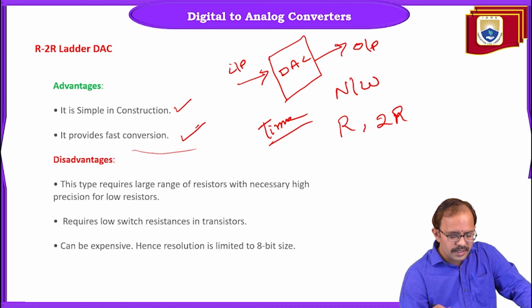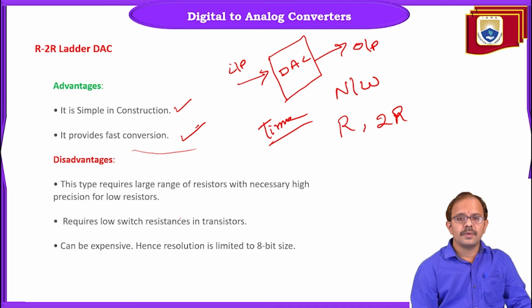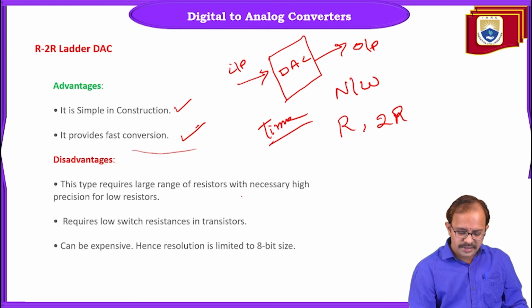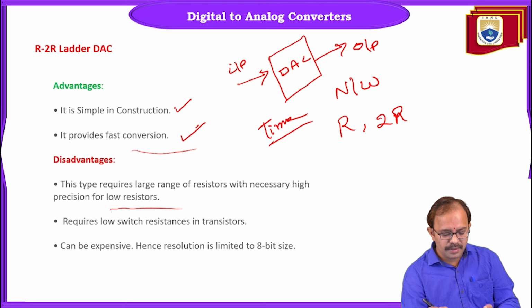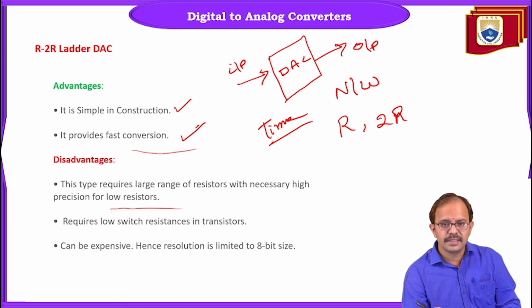Coming to the drawbacks, this type once again requires large ranges of resistors, with necessary high precision for low resistors. This is highlighted because of the number of bits, right?